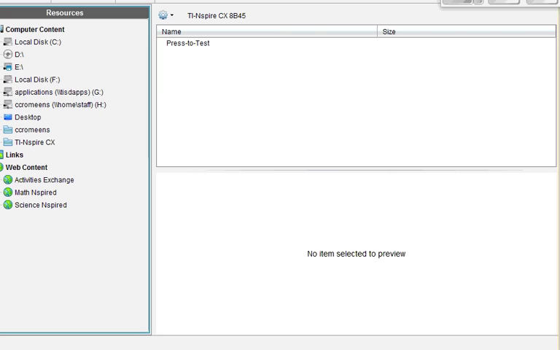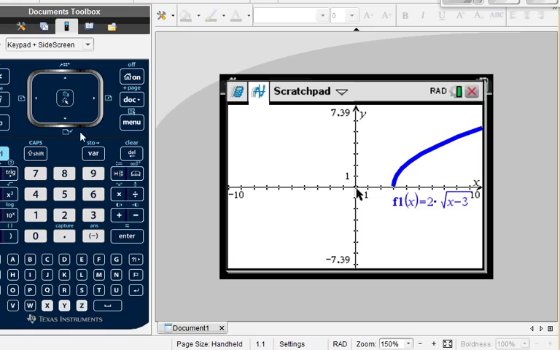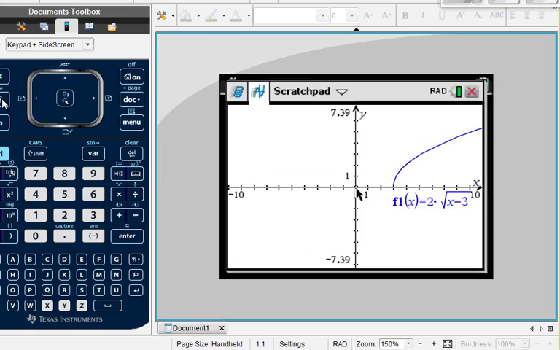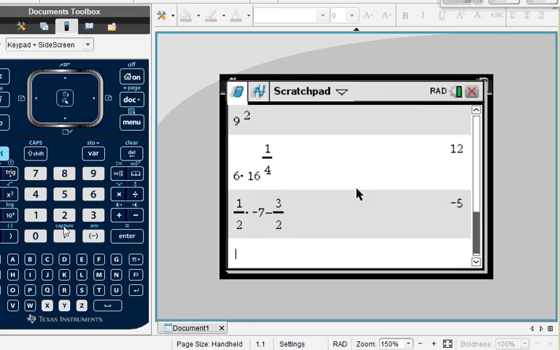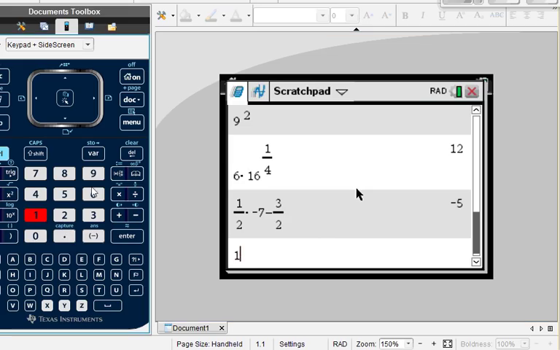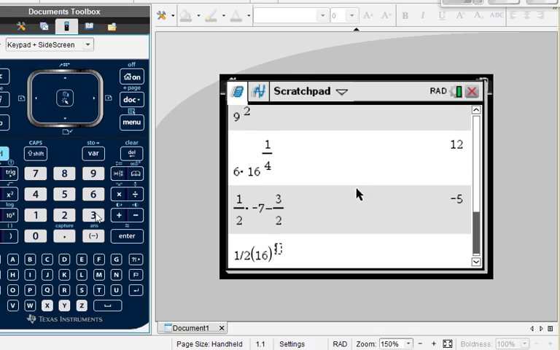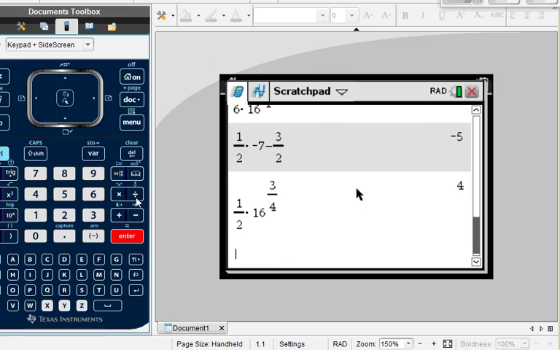If I put that in my calculator, 1 divided by 2 times 16 to the 3/4, I get 4.